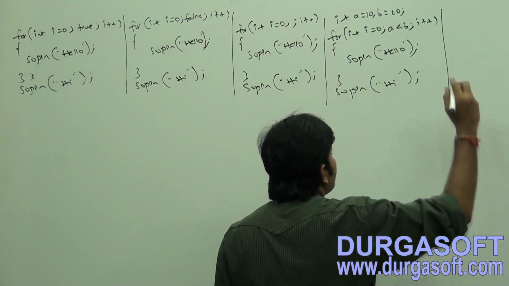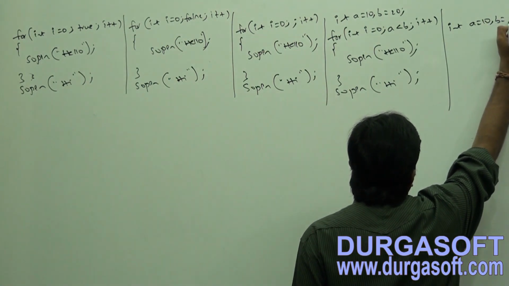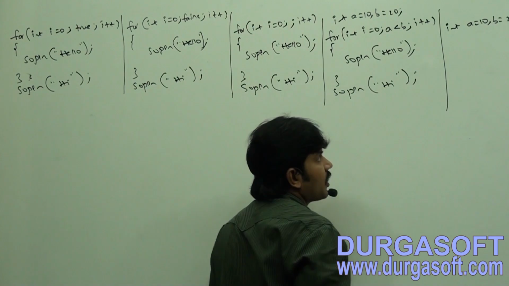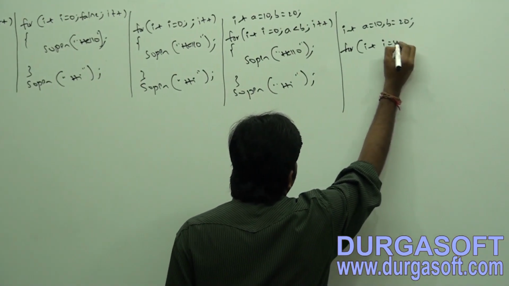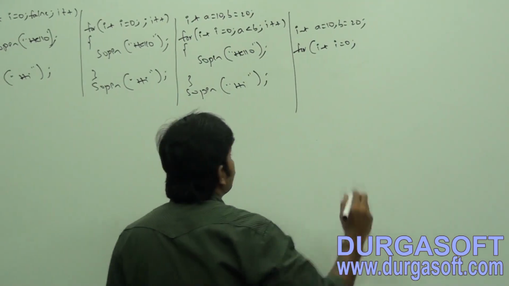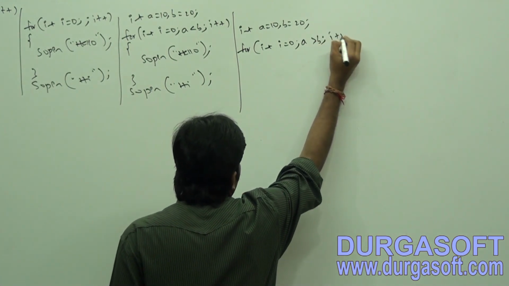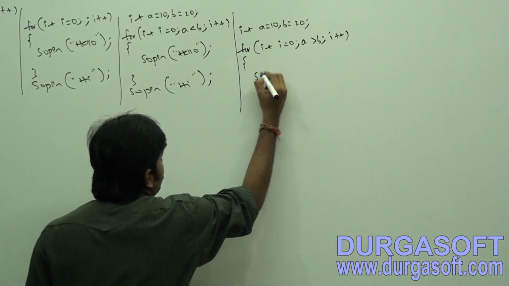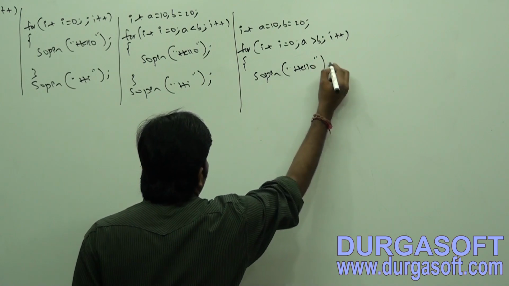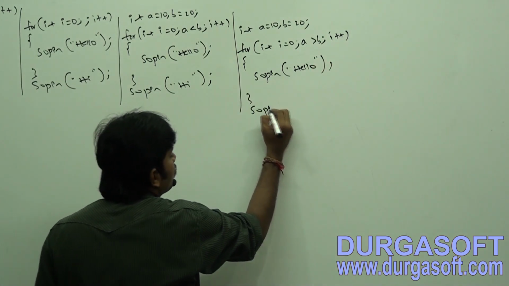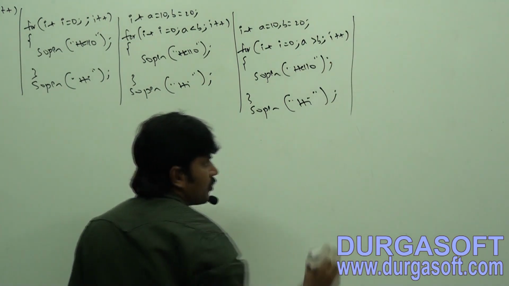Next int a = 10, b = 20. For int i = 0; a greater than b; i++, System.out.println("hello"). Next System.out.println("hi"). Okay, make sure you should be aware.